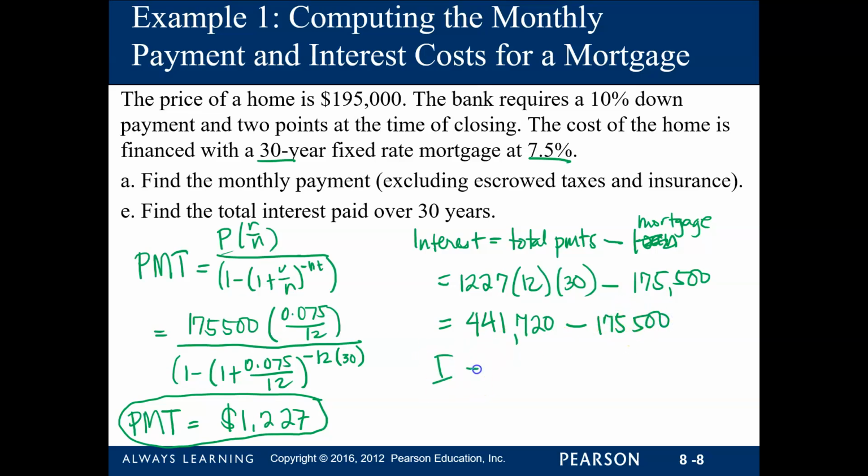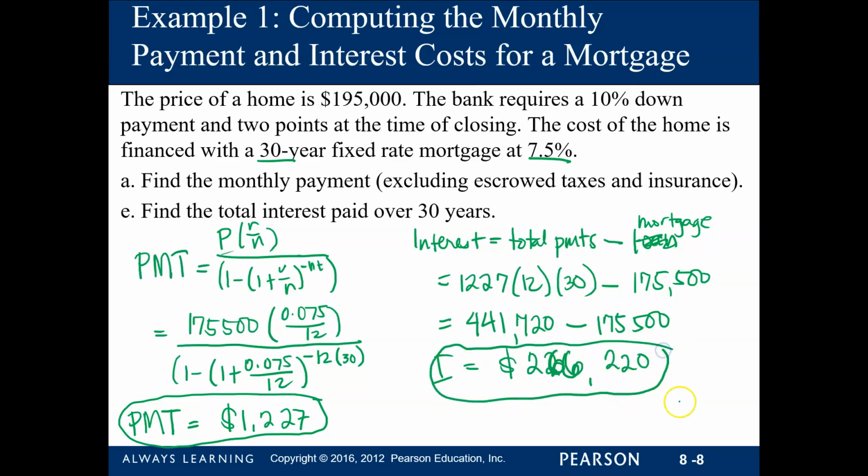So the interest you paid for your house is way higher than the actual loan that you borrowed. You actually paid $266,220 worth of interest. The interest on the house is even higher than the mortgage that you borrowed.